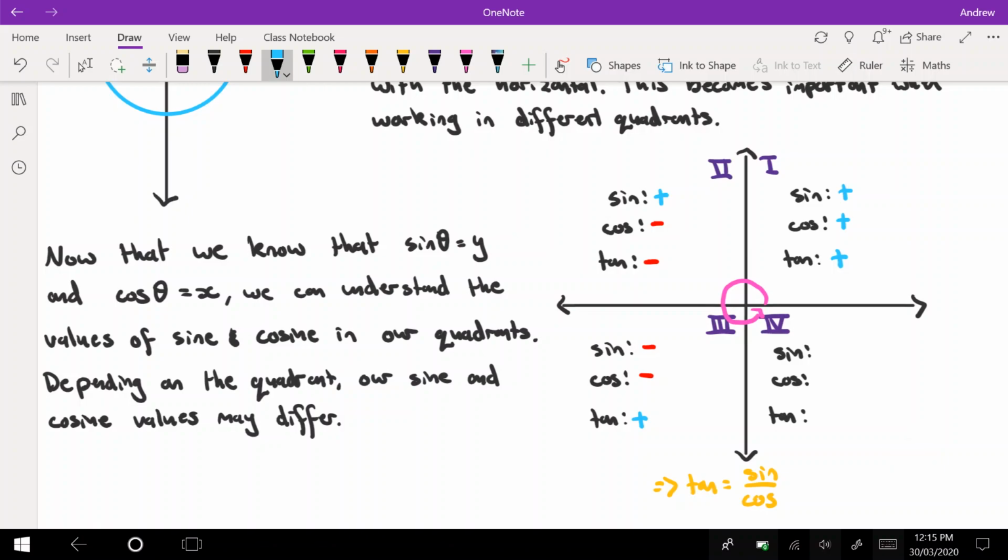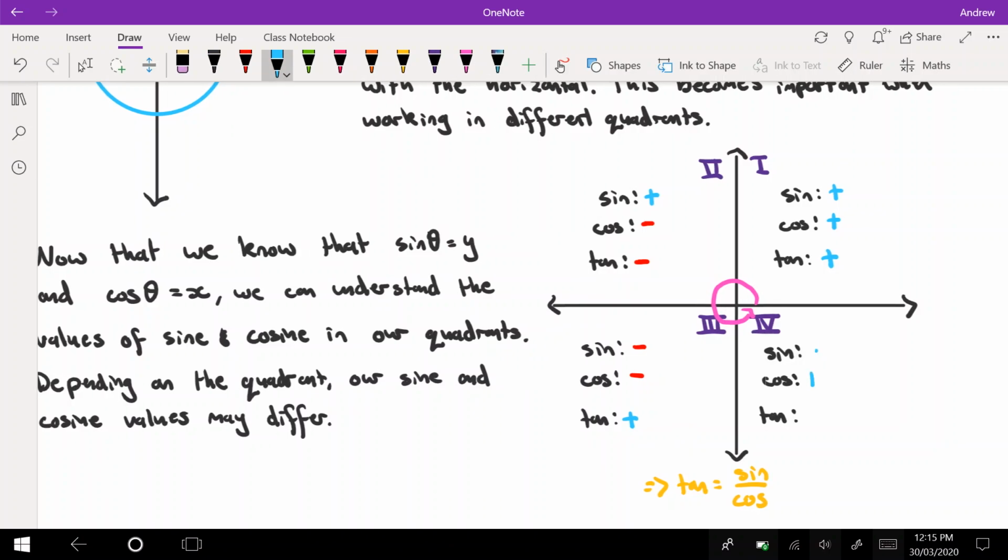And then in the fourth quadrant, cosine may be positive, but the sine is negative, so the tangent is negative as well.